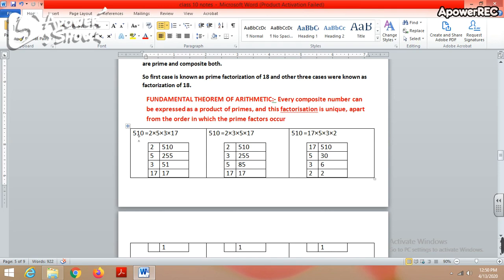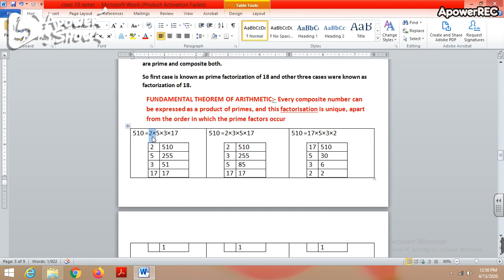For example, here 510 can be written as a product of 2, 3, 5 and 17. In the second case 510 is written as a product of 2, 3, 5 and 17. In the third case it is also written as a product of 17, 5, 3 and 2.